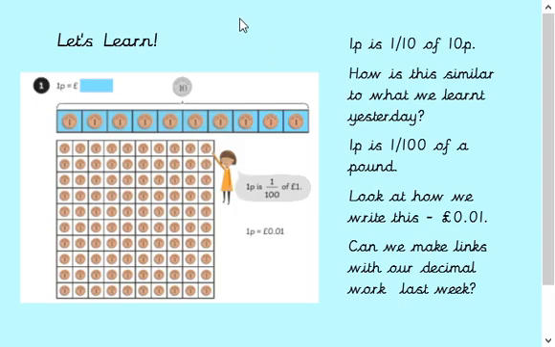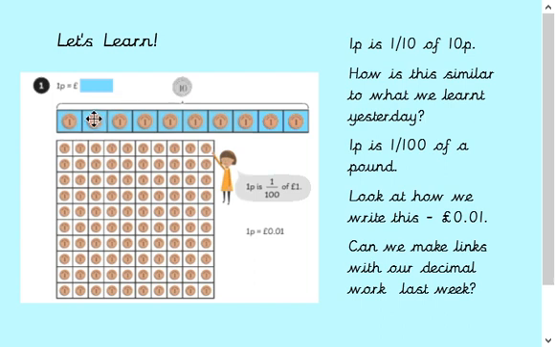During yesterday's lesson, we were looking at writing amounts of money, but they were nothing lower than 10 pence. So we were looking at a tenth of a pound. Today, we're going to be looking at smaller amounts of money. And first of all this morning, we're going to be looking at 1 pence. Now you can see on the bar model that we have here in front of us that there's a 10-pence coin.